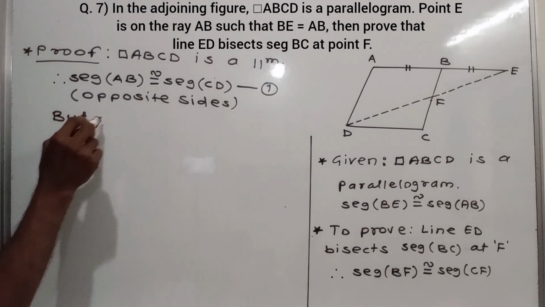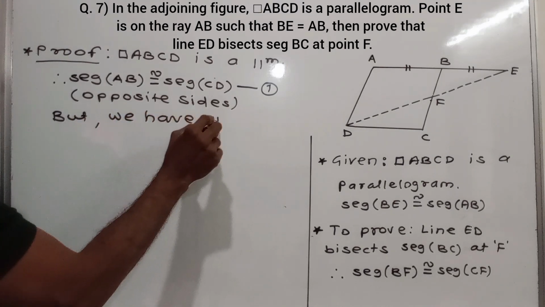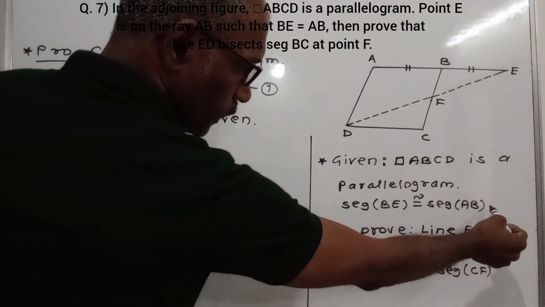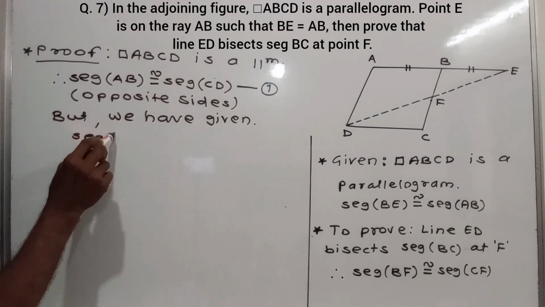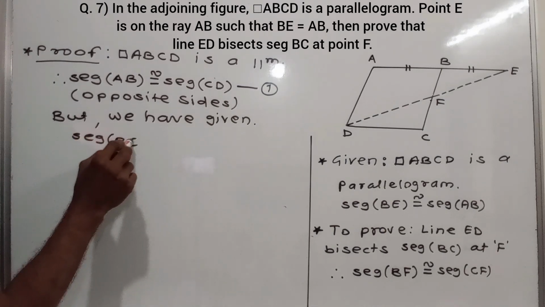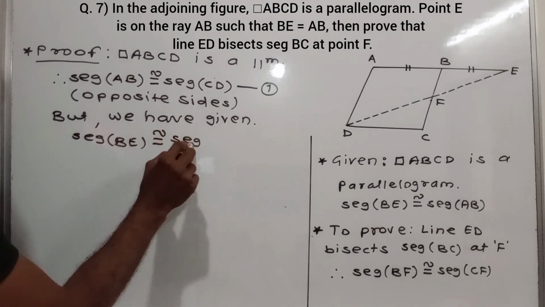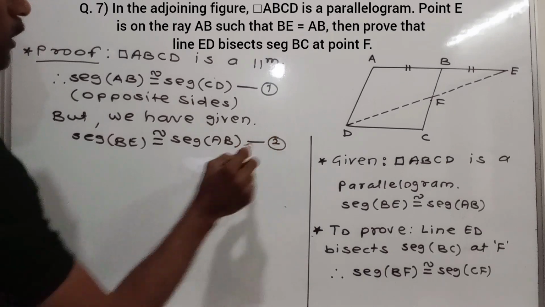But we have given segment BE congruent to segment AB. This is equation 2.